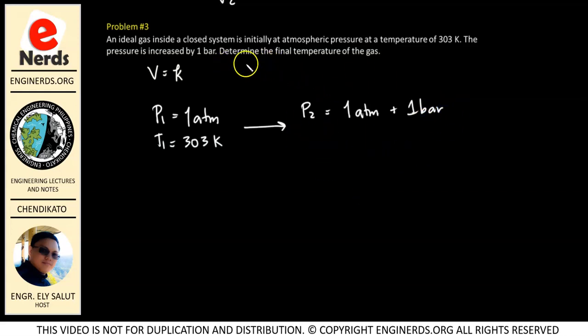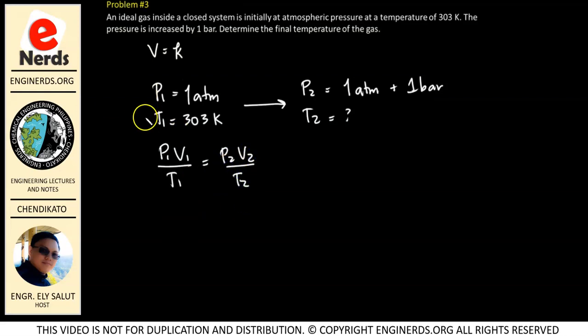Now we are asked to determine what is the final temperature. So what we are looking for is our final temperature. Okay? So our combined gas law says that P1 V1 over T1 is equal to P2 V2 over T2. So we are operating under a constant volume process, so our volume would be cancelled out.